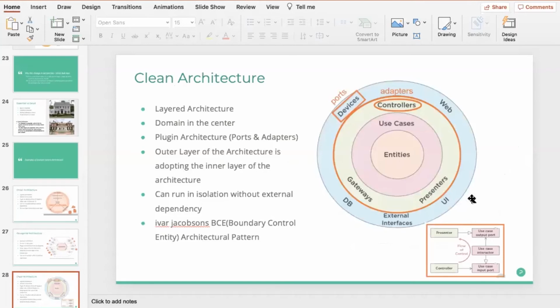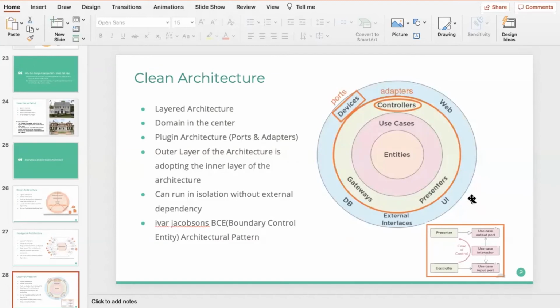Now, what is the clean architecture? Clean architecture is again a domain-centric architecture, and it's nothing different from the two previous architectures that I spoke about. So in the center of the clean architecture is the domain, which is the entities that I spoke about, surrounded by the use cases. Your use cases are nothing but your business use cases.